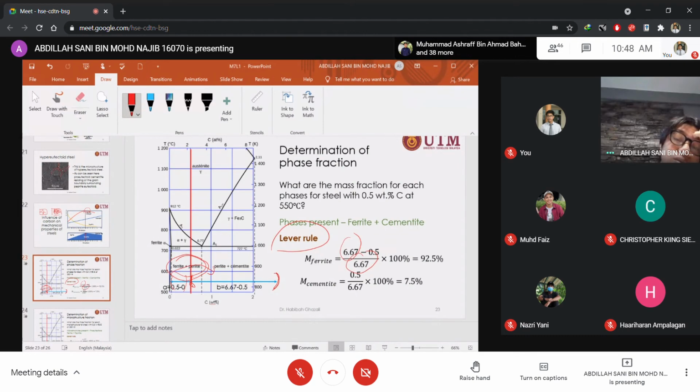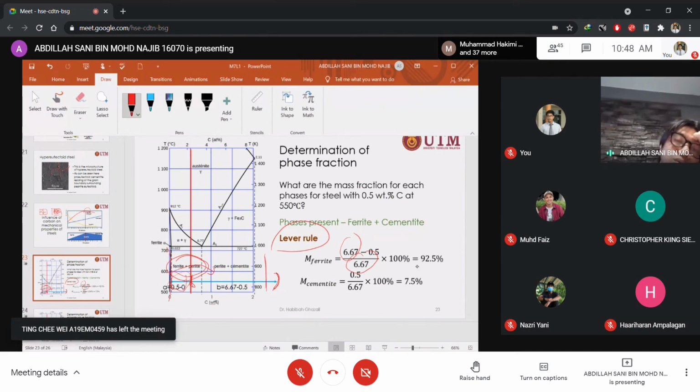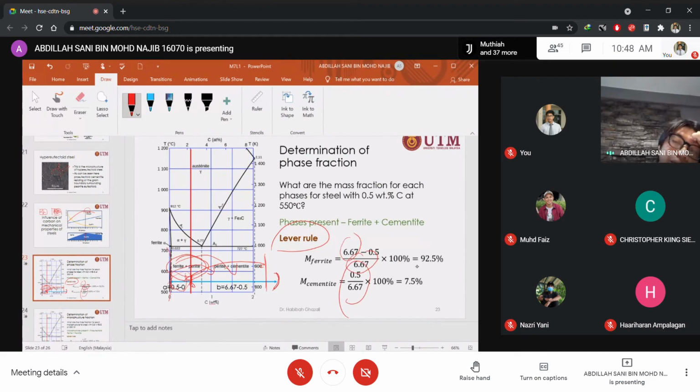Cementite is right here, and ferrite is here, so we take the other way around. This is the calculation that we have for the 0.5%.